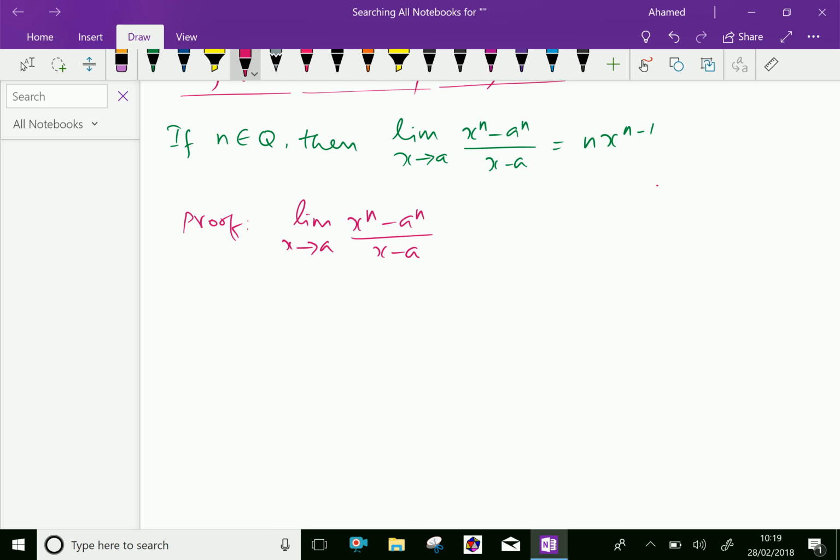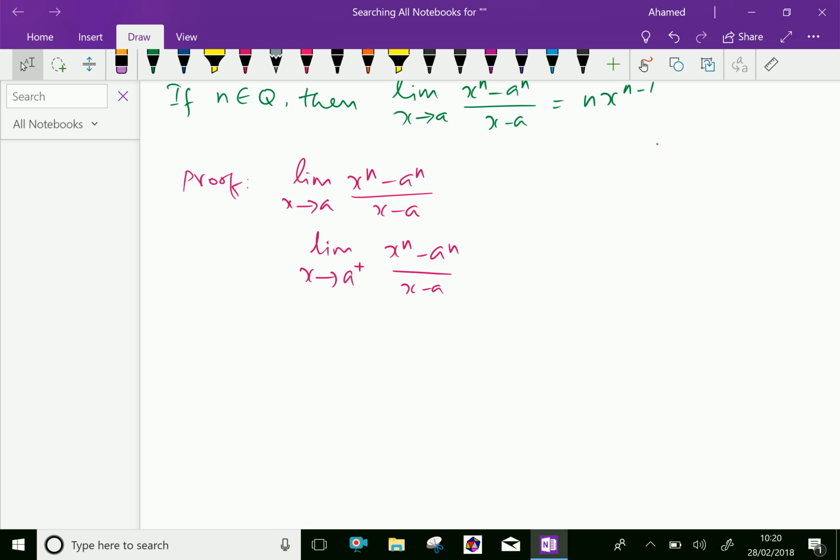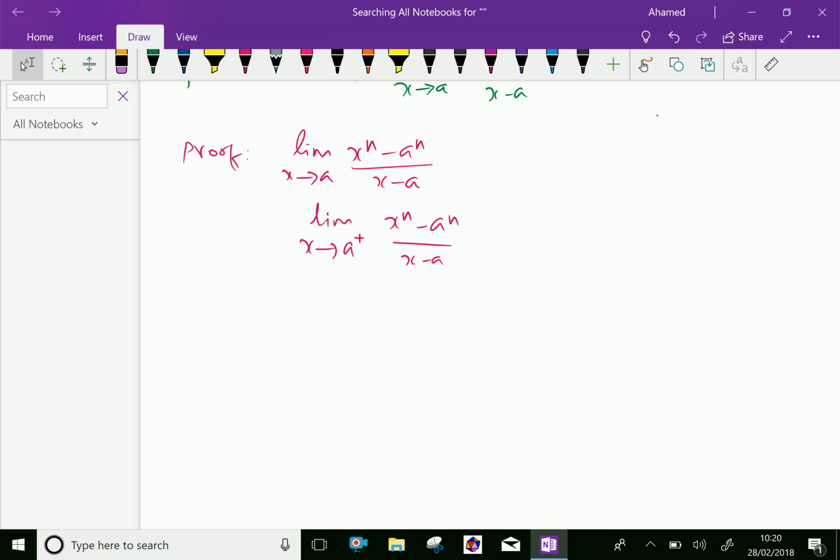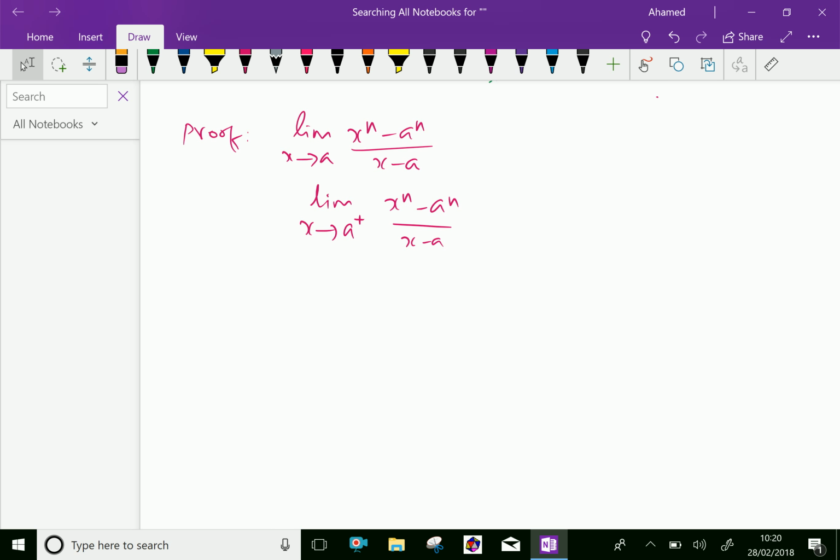Let us do the positive limit, that is, the right-hand limit as x tends to a plus, and the negative limit also, the left-hand limit as x tends to a minus, of (x^n minus a^n) over (x minus a).